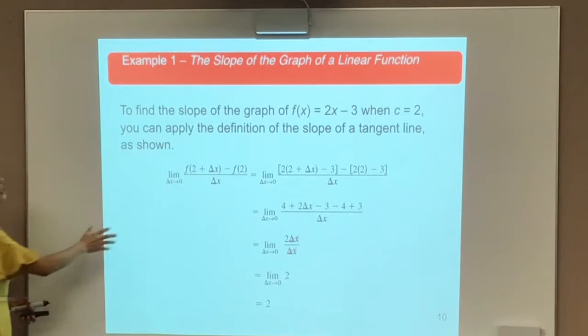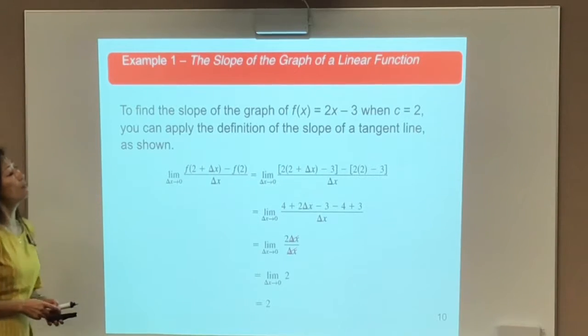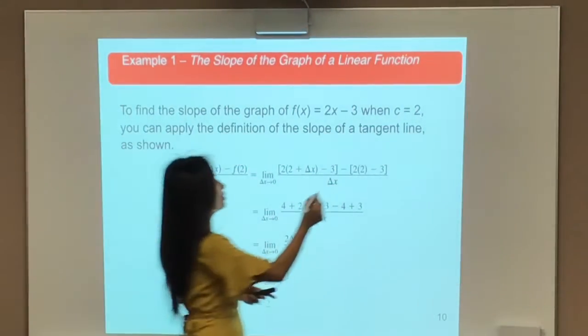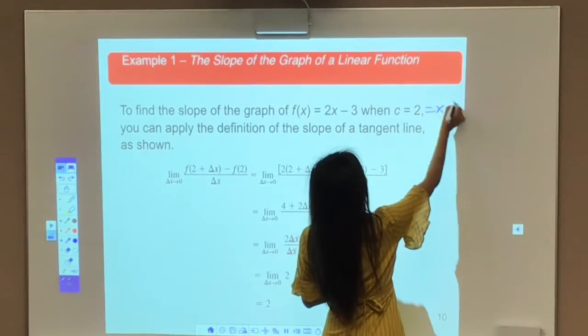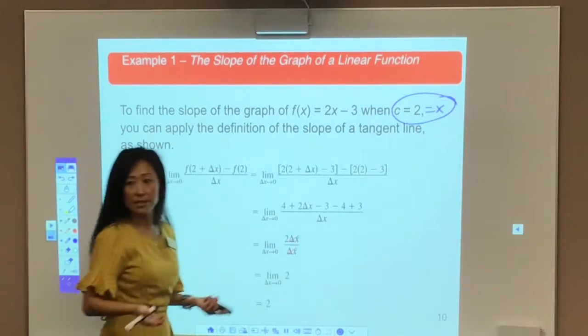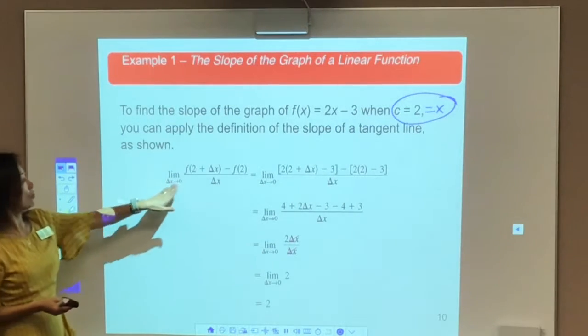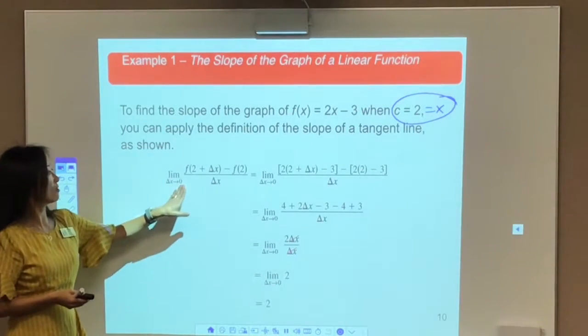Okay, so this is what they're asking. Find the slope of the graph of f of x equal to 2x minus 3, and c is equal to 2. So they're giving you a specific c to use. They're telling you use x equal to 2. Are you with me, class? I'm plugging in x as a 2, that's what that means. So I'm going to use the definition. So delta x goes to 0.